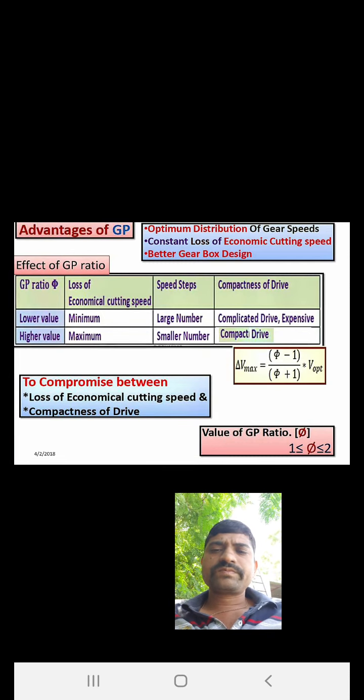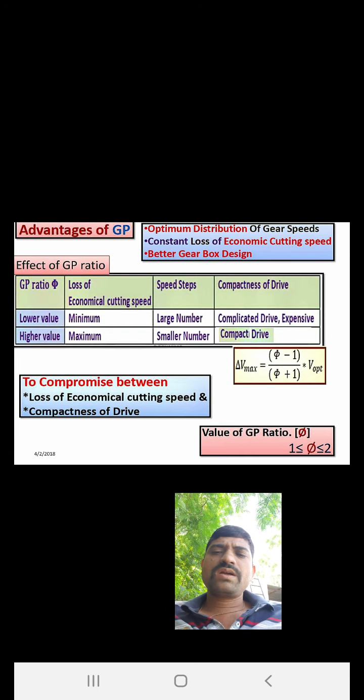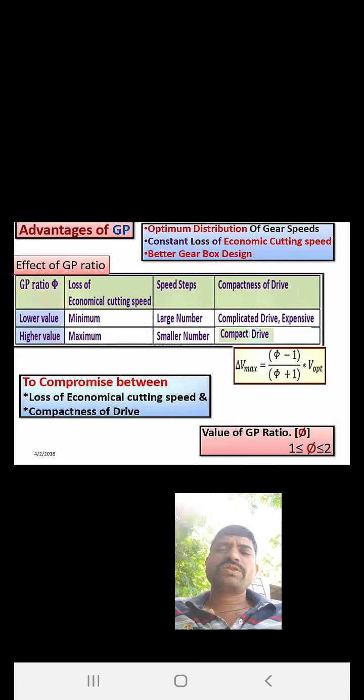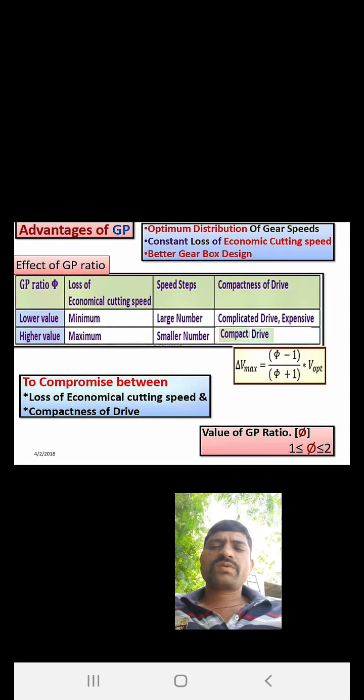If the GP ratio value is higher, then the loss of economic cutting speed will be maximum, you will get a small number of speed steps, and the drive will also be compact.